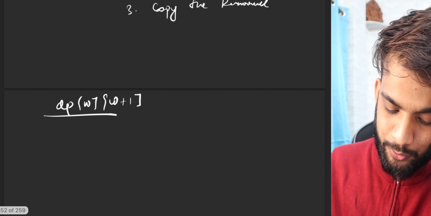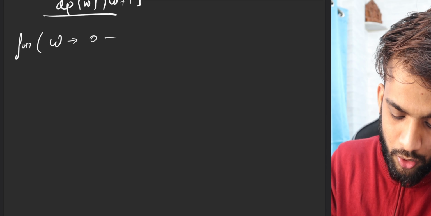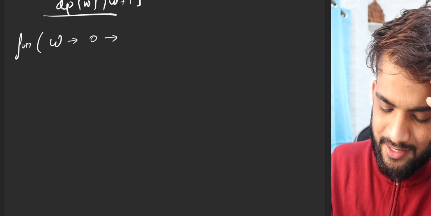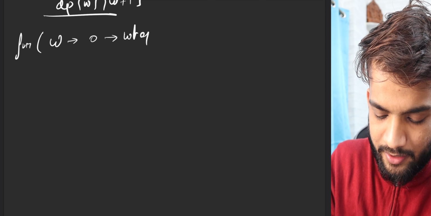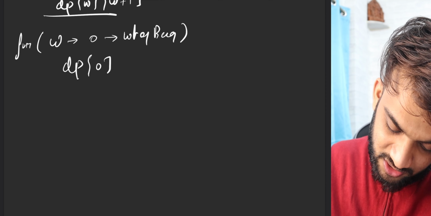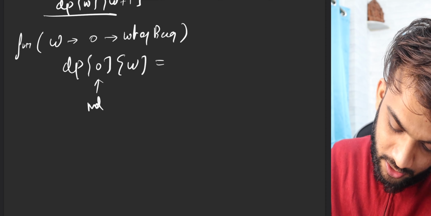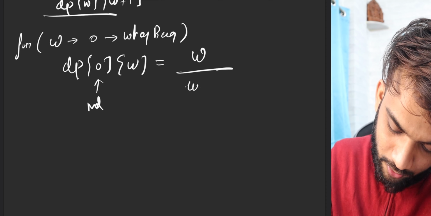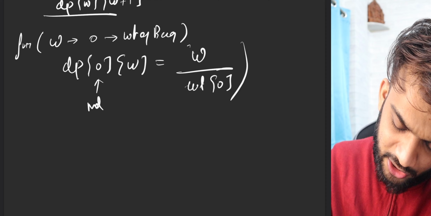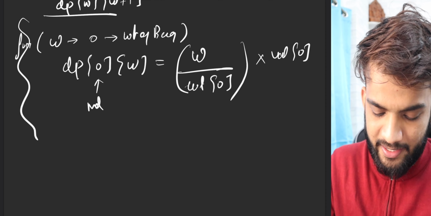For any w which ranges from 0 to the original w, you can say the weight of the bag or whatever you can call it. You can say dp of 0, because this is the index, W is equal to w by weight of 0. Again, you can take an integer into value of 0. This is the base case.